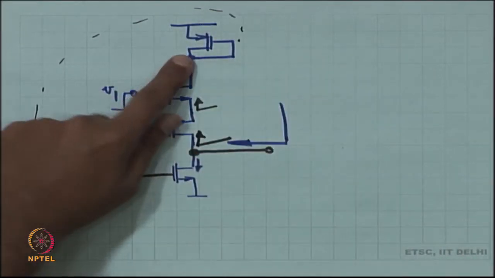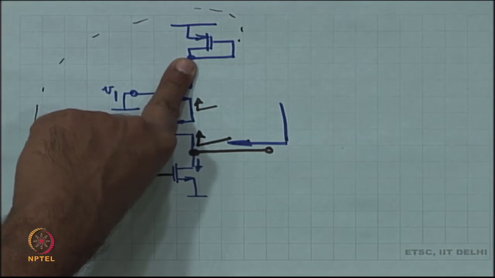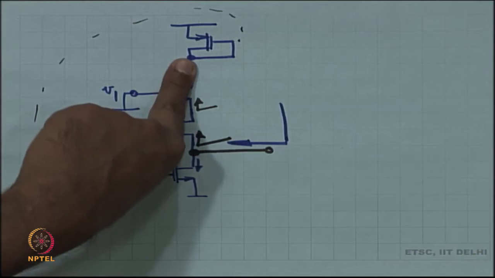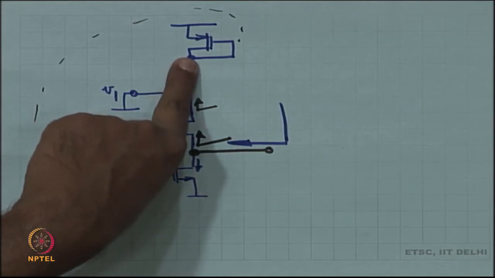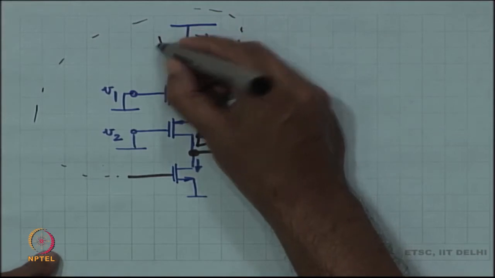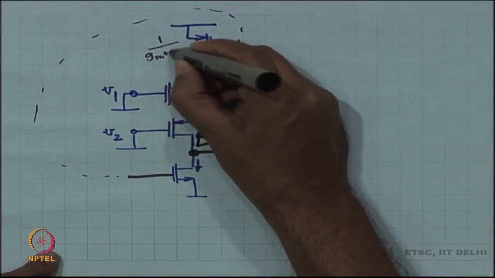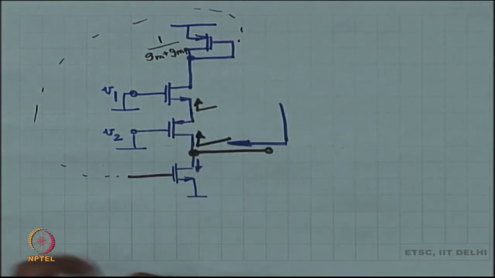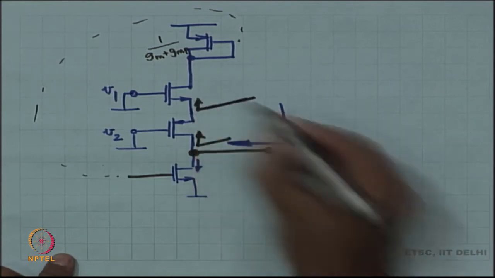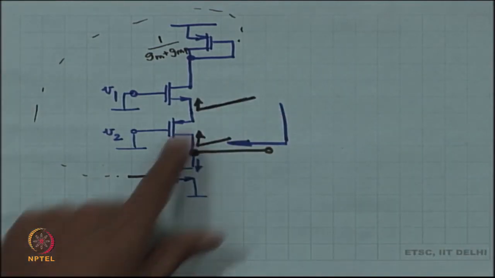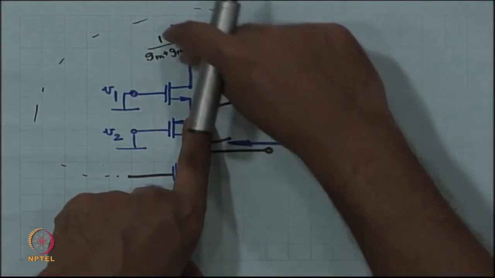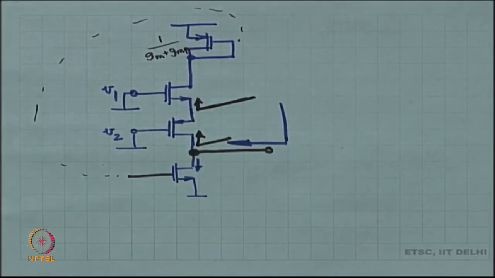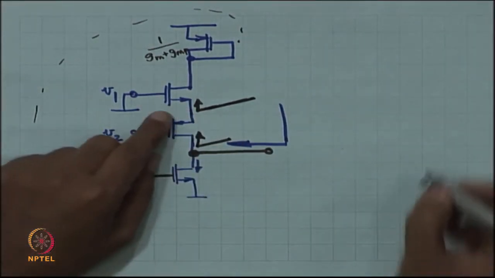This is a resistor of value 1 by Gm approximately, or of value 1 by Gm plus Gmp. So, looking in over here, what do you see? Looking into the source, you are going to see whatever you had at the drain plus RDS divided by 1 plus intrinsic gain of the NMOS.